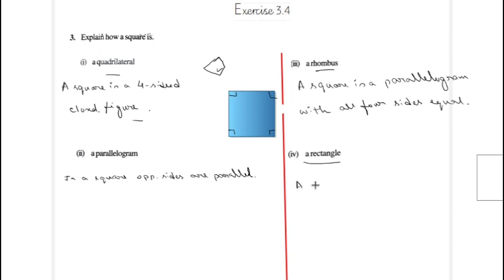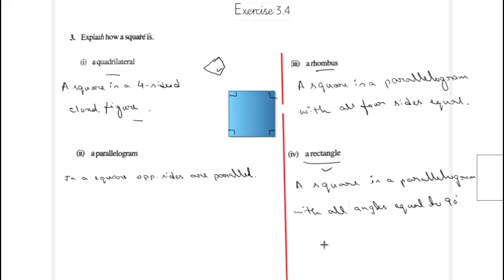A square is a parallelogram with all angles equal to 90 degree, so that's why it is a rectangle as well.